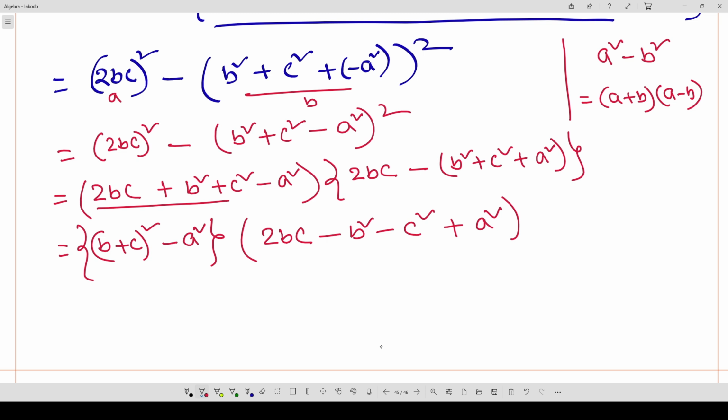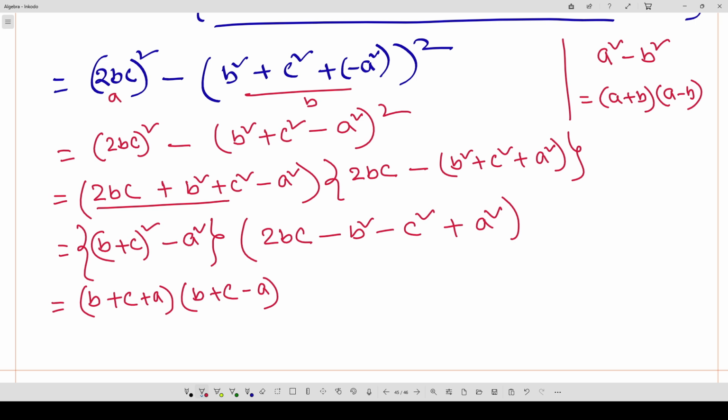Okay, so everything is perfect. So this one we can also write as (b + c + a), because it is also a² − b², then (b + c − a). And what can we do in here?